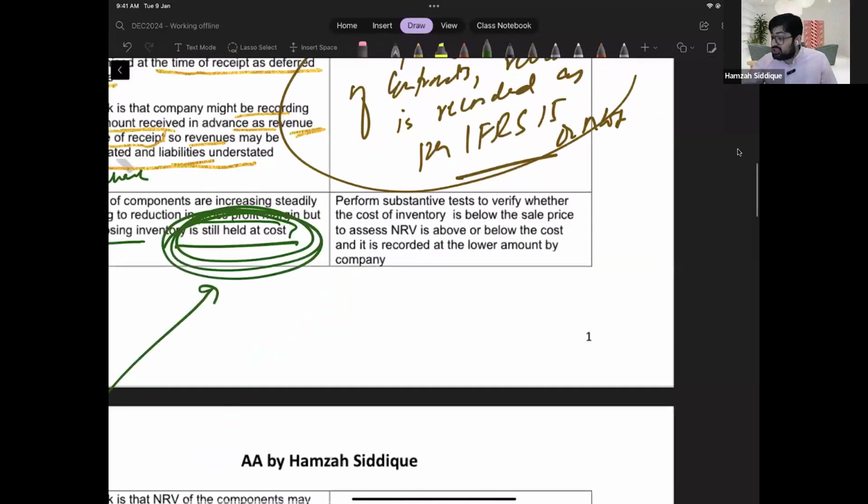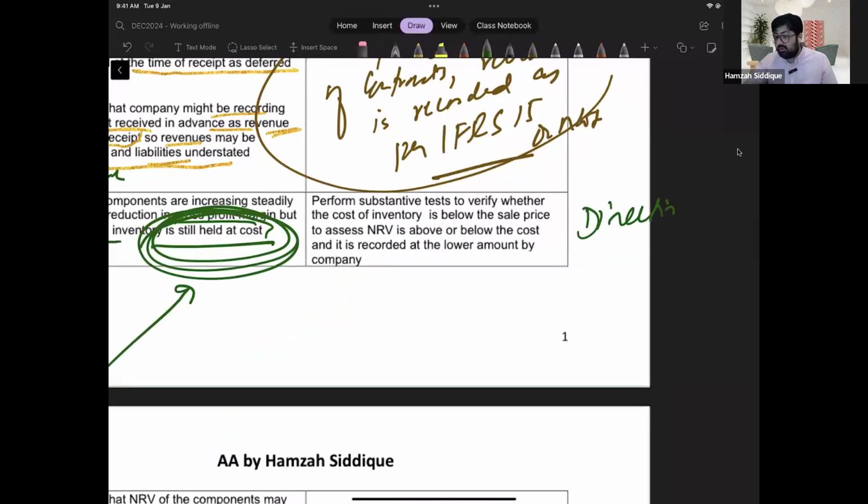Now, you see the direction of work. Perform a substantive test to verify whether the cost of inventory is below the sale price, to assess whether NRV is below or above cost, and that it is recorded at the lower amount by the company. So perform a substantive test to do all that.